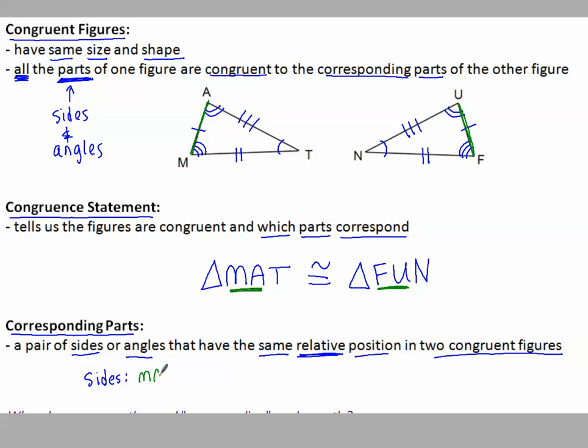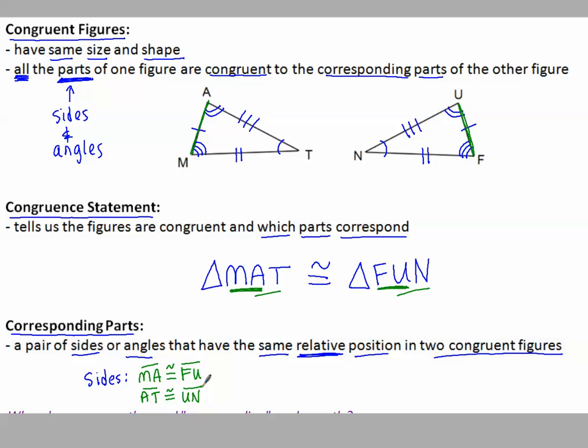So I can write a congruent statement that those sides are congruent. Similarly, I can say AT and UN are congruent. Just from this statement, I know that those correspond. AT, that side, is congruent to segment UN.